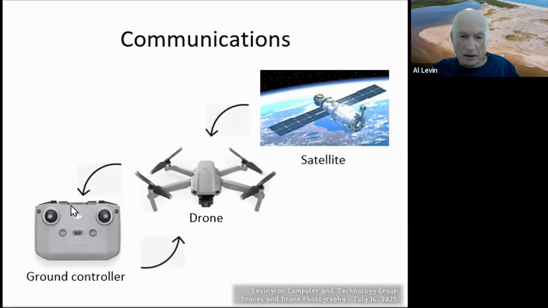The drone and the ground controller exchange information. The satellite sends information, data, to the drone. The drone then sends the information it's received from the satellite to the ground controller, you and me.